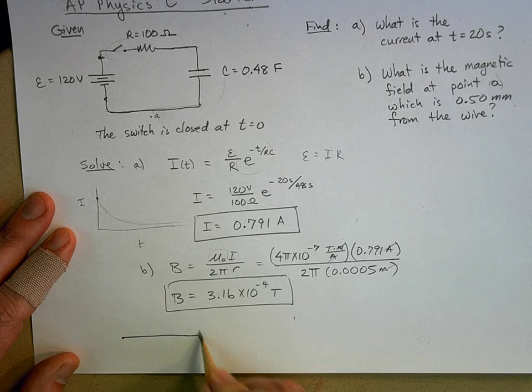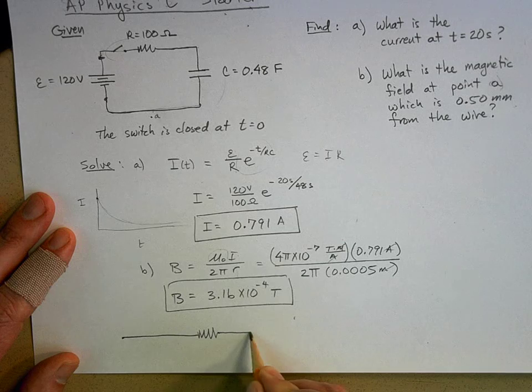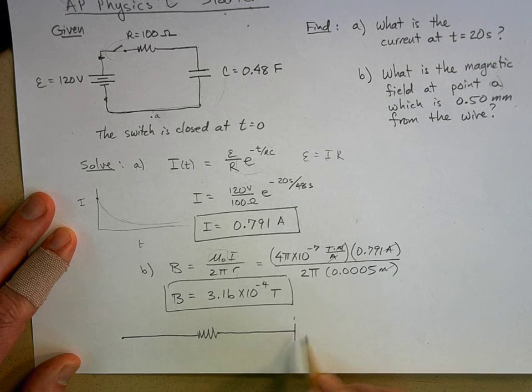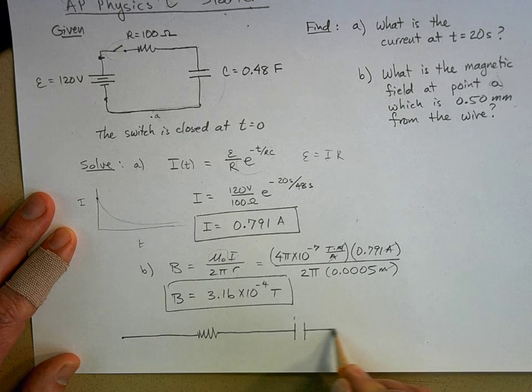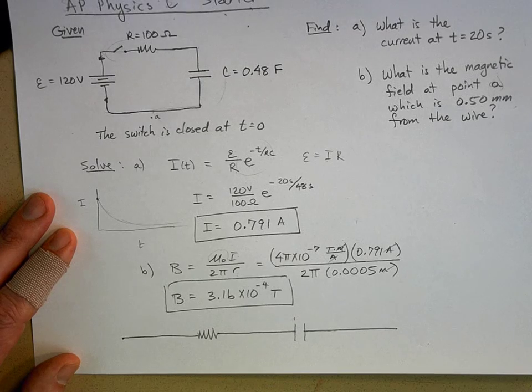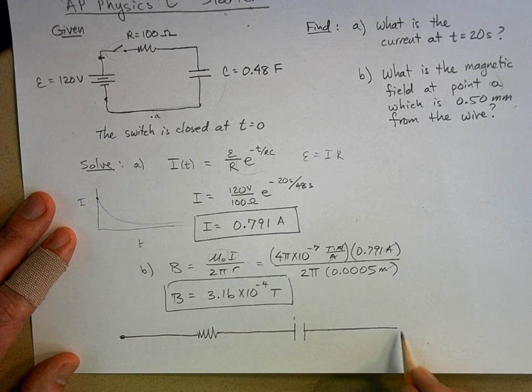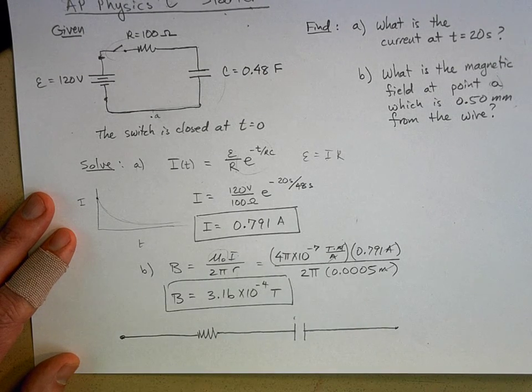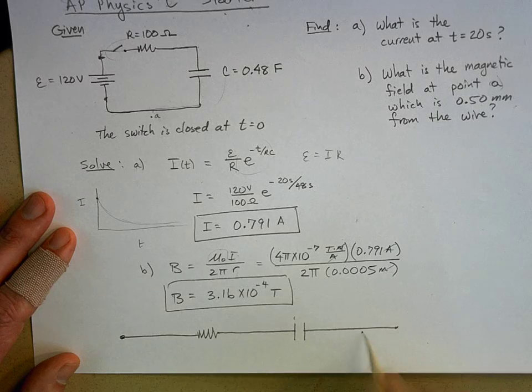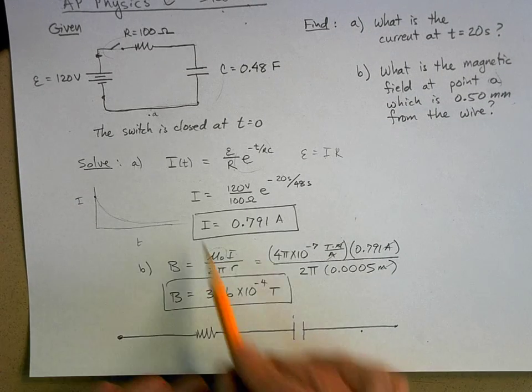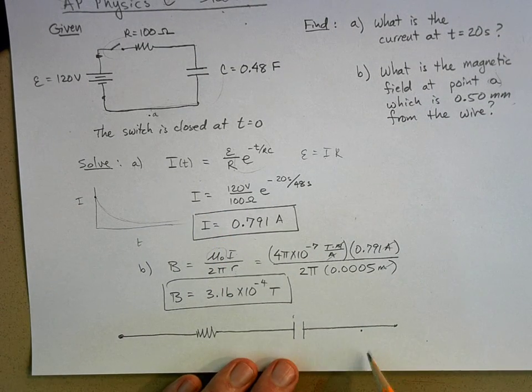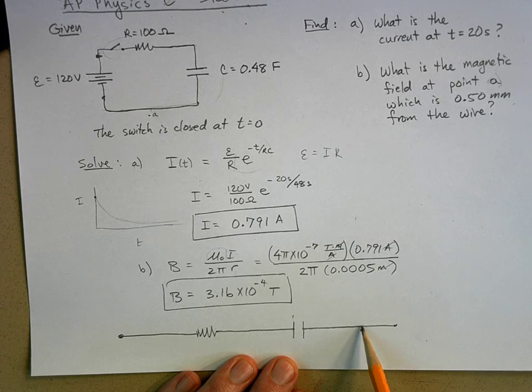Let's make it a really long wire. Right here is a little place close to this wire, and we said that the magnetic field half a millimeter away from the wire was this.